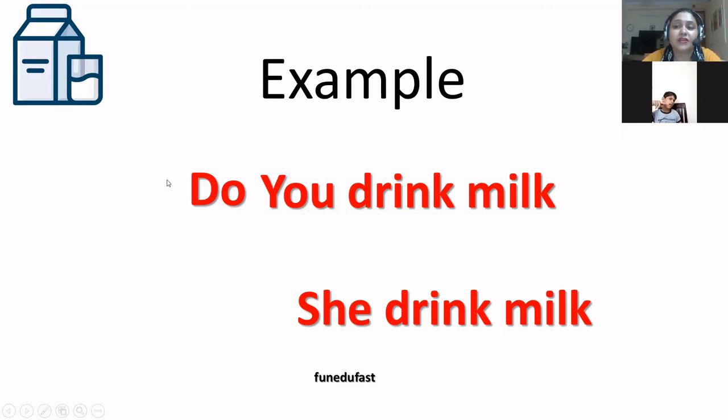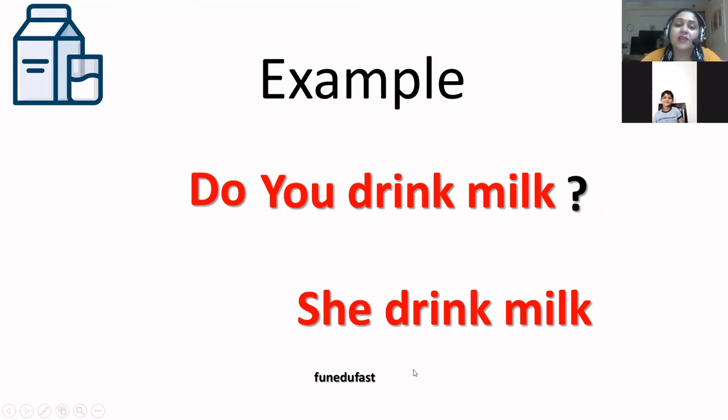Do you drink milk? आगे क्या? Question mark. It is very important. Whenever we ask a question, we will put a question mark. क्वेश्चन मार्क लगाना बहुत जरूरी है जब भी हम कुछ क्वेश्चंस पूछते हैं.